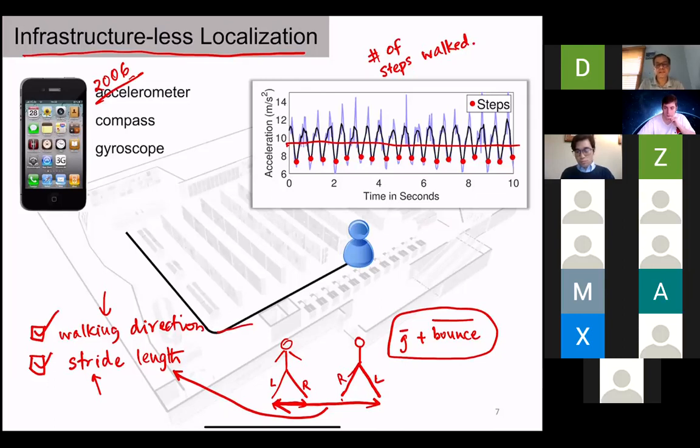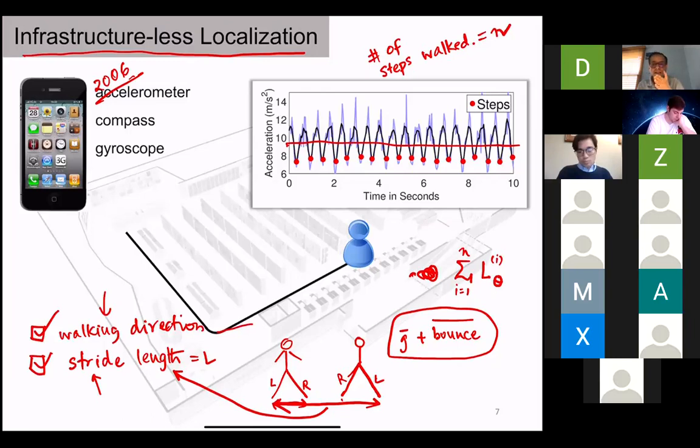If I can do that, then I will take the walking direction theta and stride length, let's call it L, and add up L along the direction theta, for i equals 1 to n, where n is the number of steps walked.